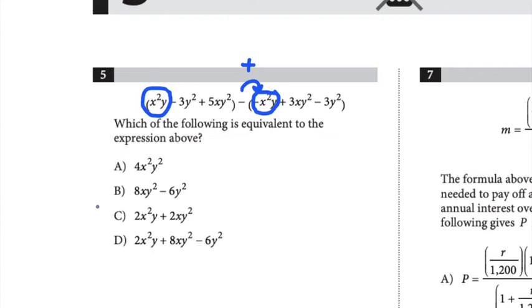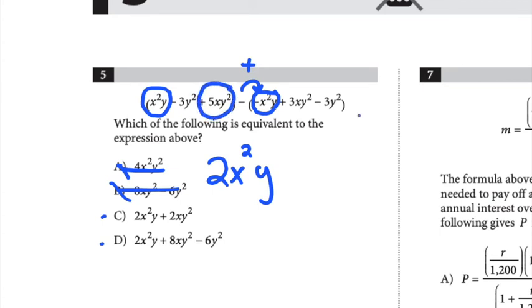The reason I think that is because when you add these two, you get 2x squared y. Now I eliminate A and B, obviously, because they don't have that term. So I'm left with C and D. Between C and D, I can then see which term is different. I'll go ahead and choose the second term here, this xy squared term. So I look here, xy squared is this one, and xy squared is this one.